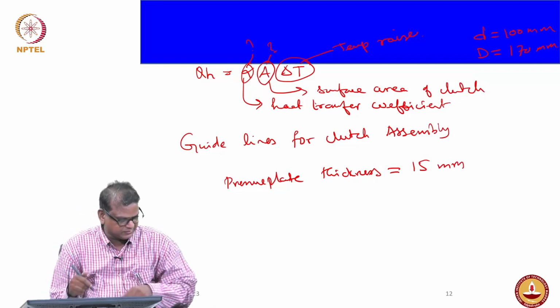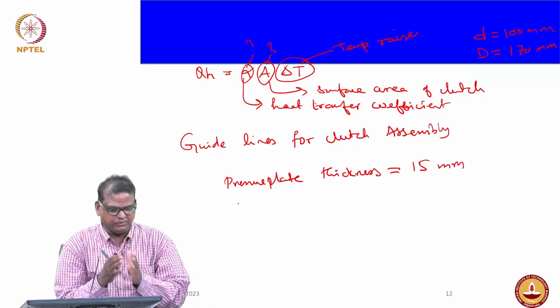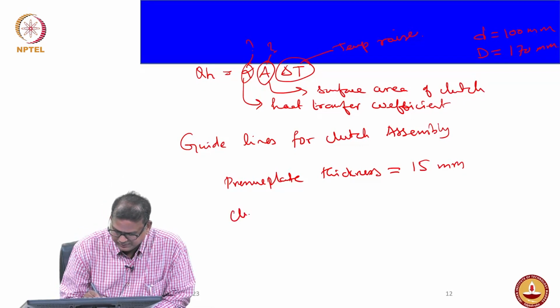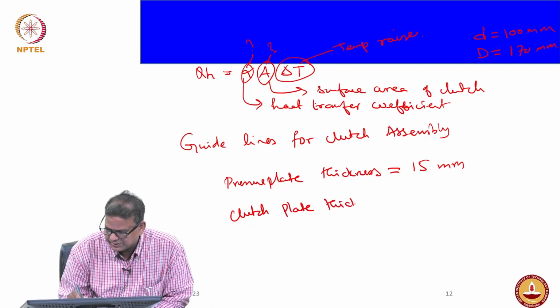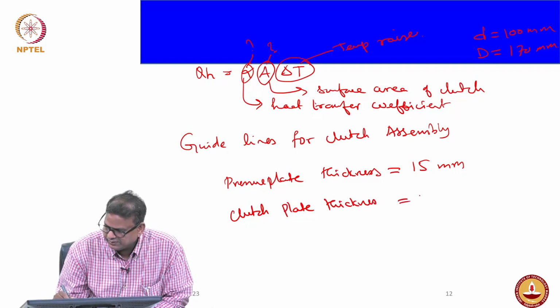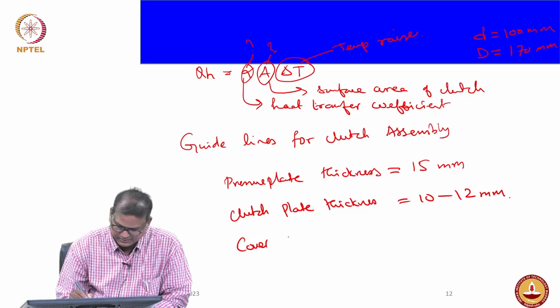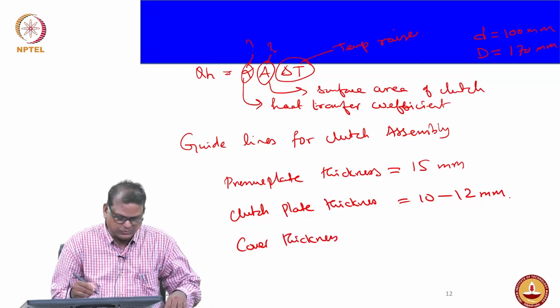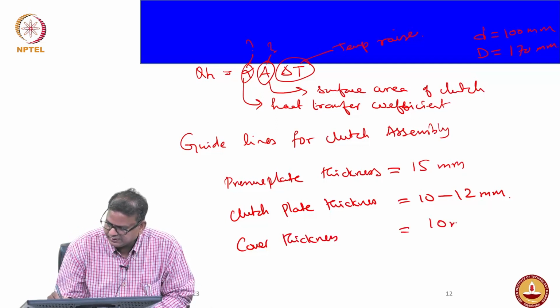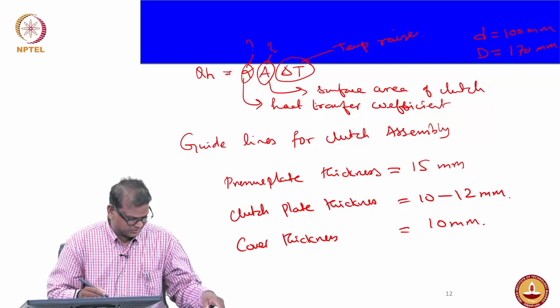The clutch plate, which is nothing but your friction plate, can be 10 to 12 mm. And the cover thickness, where the pressure plate and clutch plate are all together, can be taken as 10 mm. Then based on that everything will change.